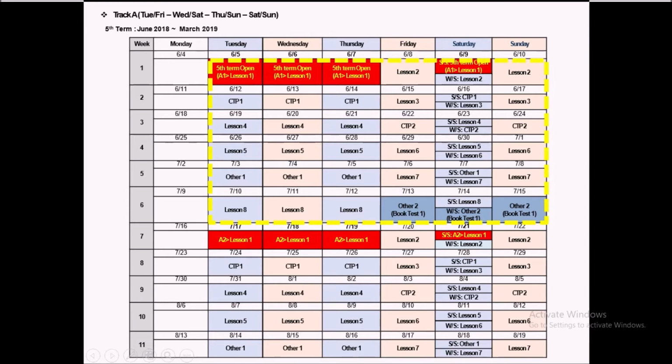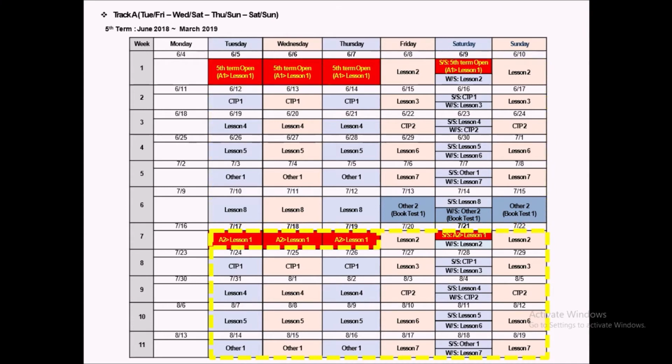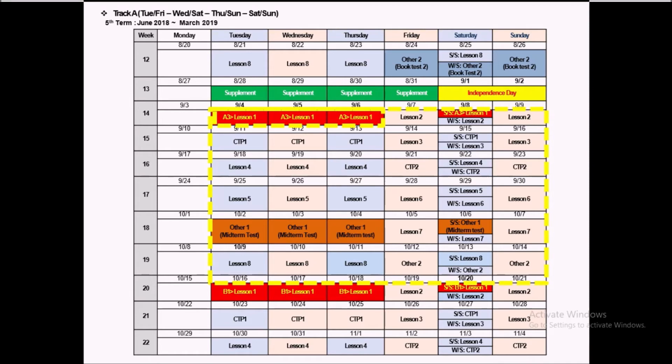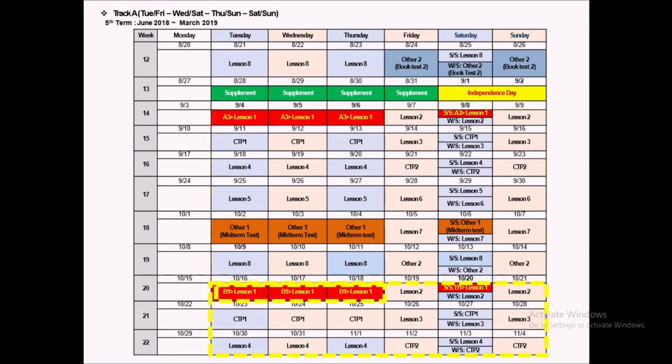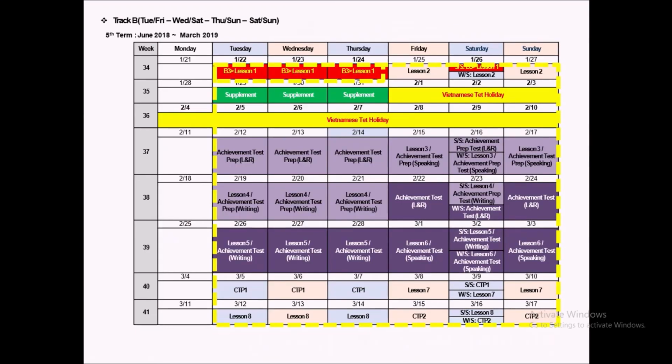Okay, and those 12 lectures will just repeat themselves 6 times over the course of the term. So highlighted is book A1. Moving on, we can see that that would be book A2. Moving on, book A3, book B1, book B2, and book B3. So each book consists of 12 lectures, which can be subdivided into 8 lessons, 2 CTP classes, and 2 other days.